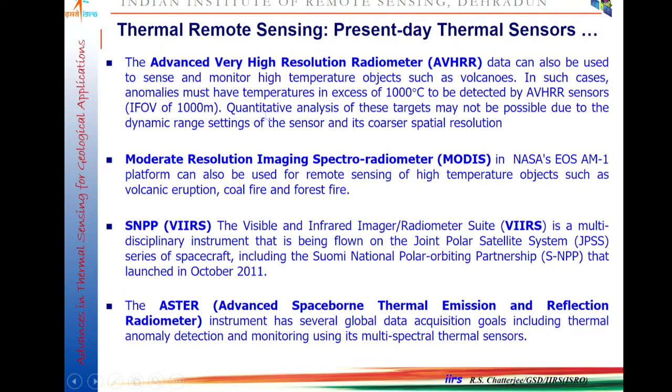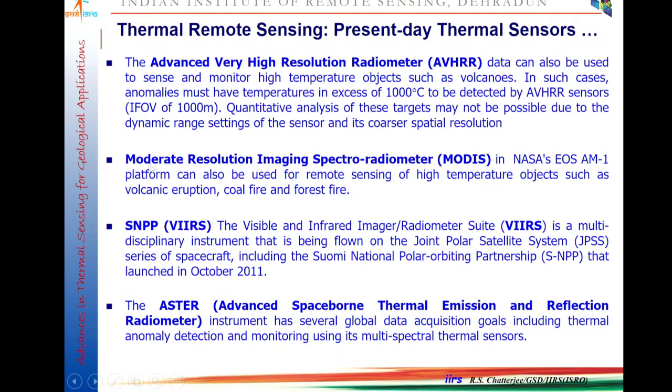The problem here is that quantitative analysis of these targets may not be possible due to the dynamic range setting of these sensors. So essentially, due to the coarser spatial resolution and the dynamic range of the data, this is not always very good for sensing subtle temperature change, but for high temperature objects it is fine.